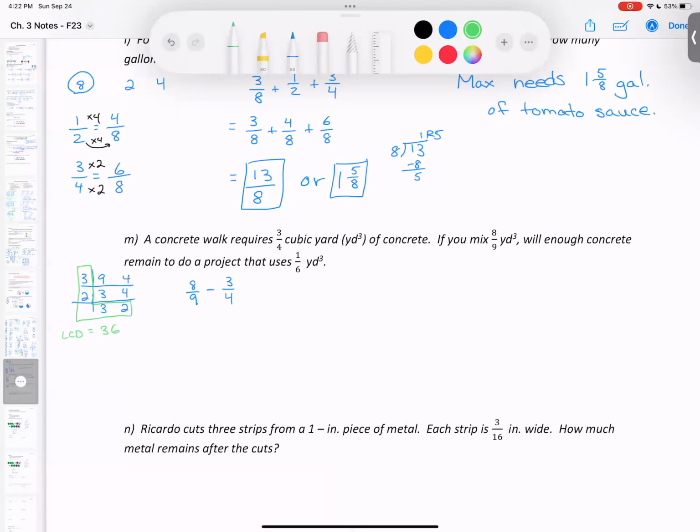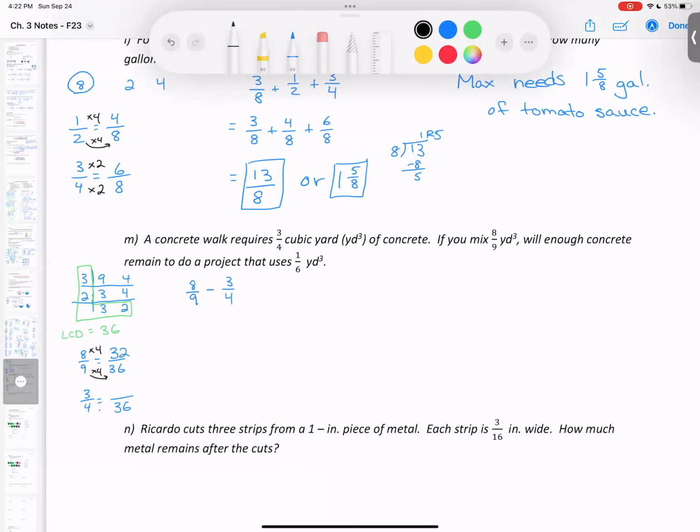Okay, so I need equivalent fractions here for 8/9 and 3/4 that are over 36. So 9, I had to multiply by 4. So 8 times 4 gives me 32.